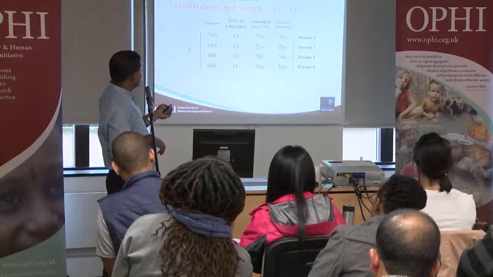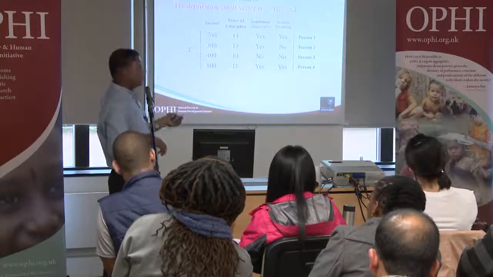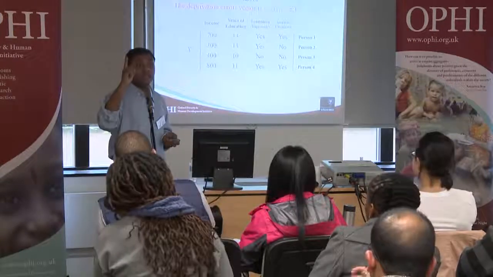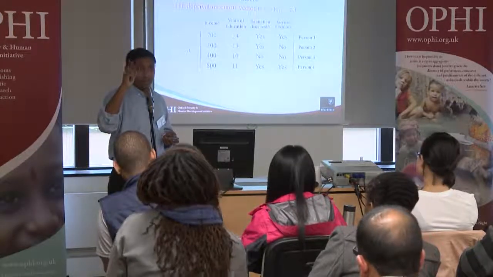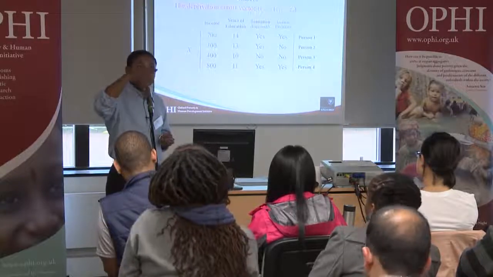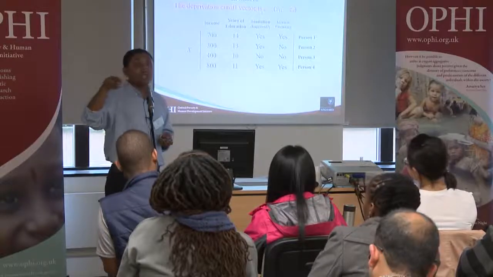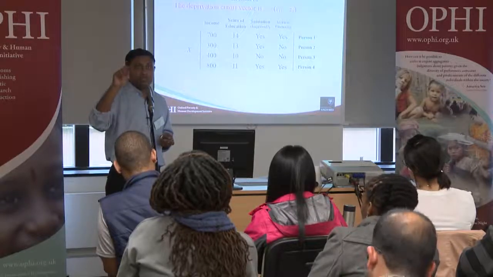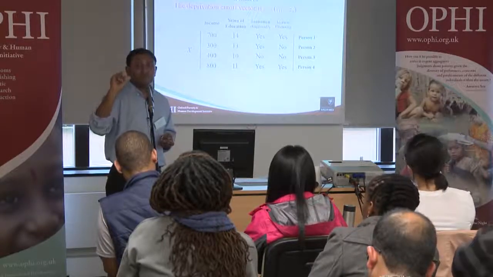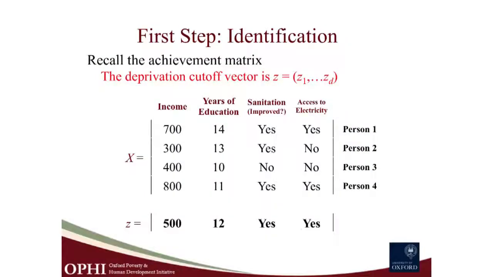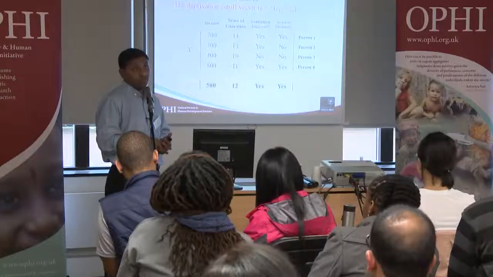Suppose the deprivation cutoff vector is denoted by Z. So earlier in the income approach, we had a poverty line. Here we have a threshold for each indicator, but here we are identifying deprivations and not poverty. That's why we refer to this as deprivation cutoff and not poverty line. And suppose this is our deprivation cutoff vector. For income, it is 500.